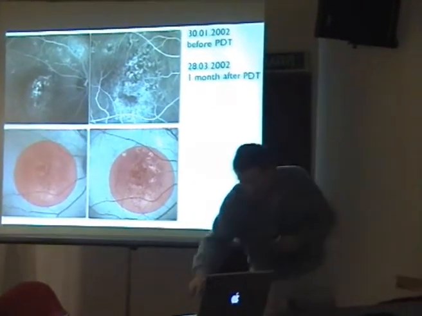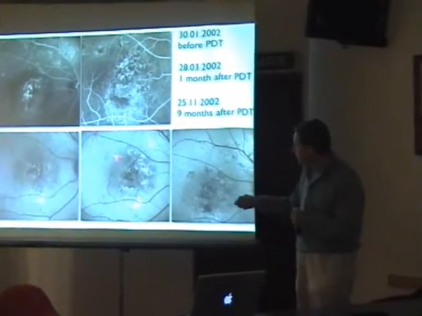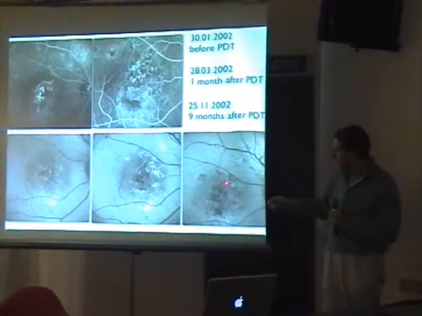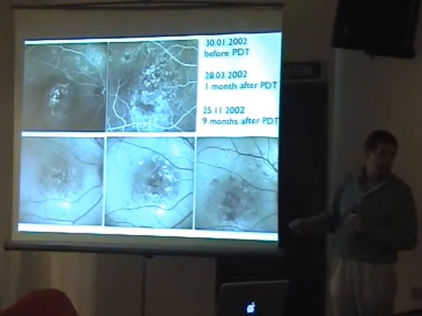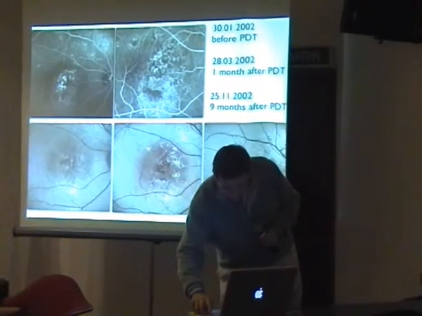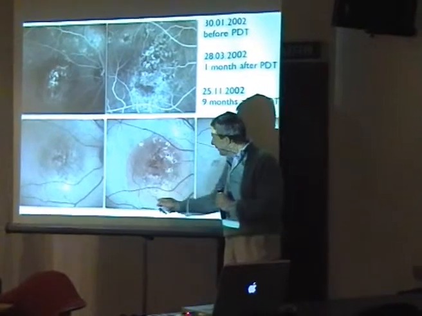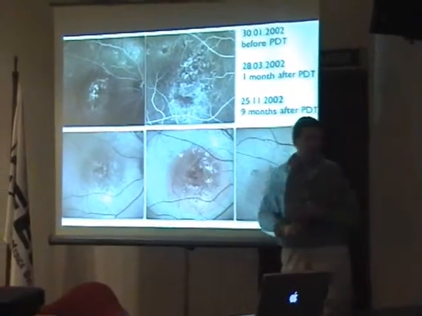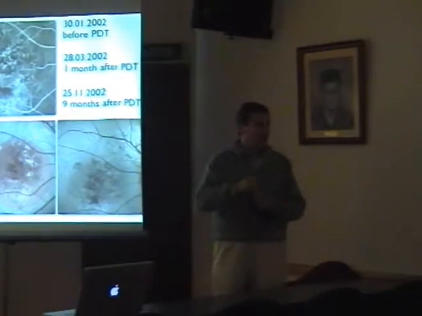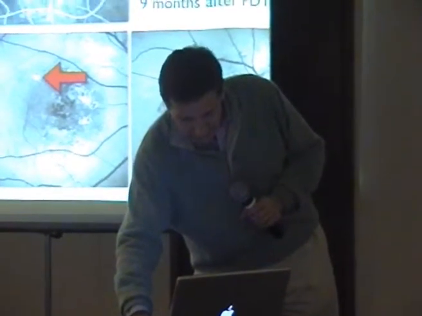Remember, the spot was there. 9 months later, this increased fluorescence became atrophic. And remember, the spot was exactly there. So it was covering that area that was creating an increase of fluorescence. So in some way it was toxic for the RPE cells. And you see the atrophic area there.